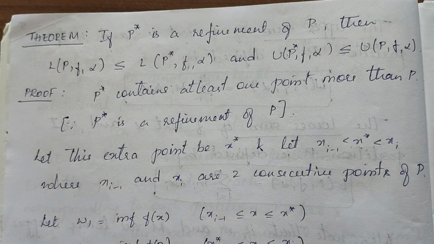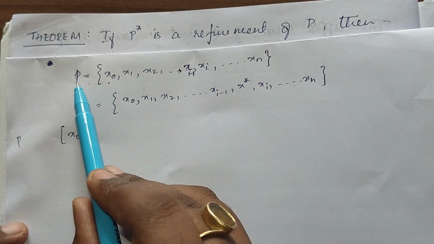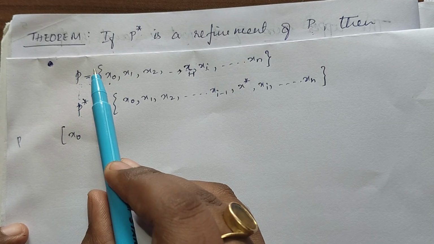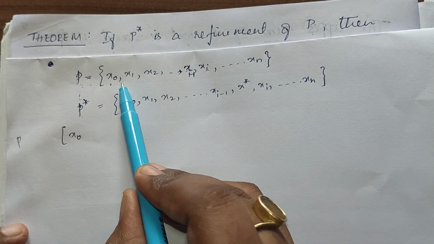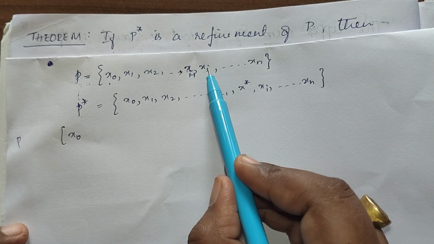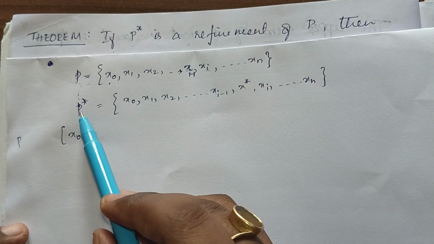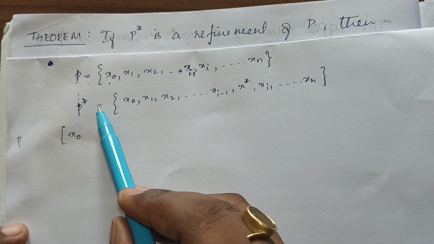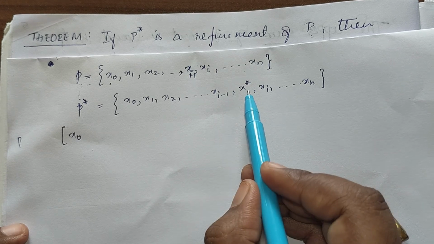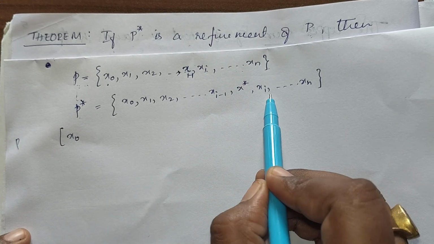See here, this is the partition P which we have considered. So P is equal to x0, x1, x2, etc. up to x i minus 1, x i, etc. up to x n. And here P star is containing each and every point of P, and in addition to that we are adding this element x star in between x i minus 1 and x i.